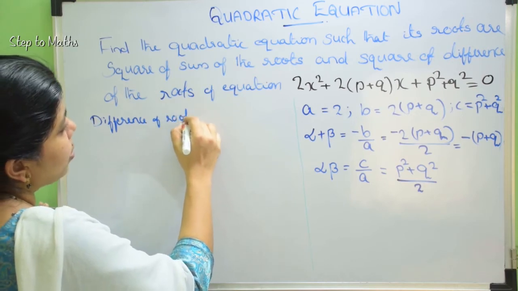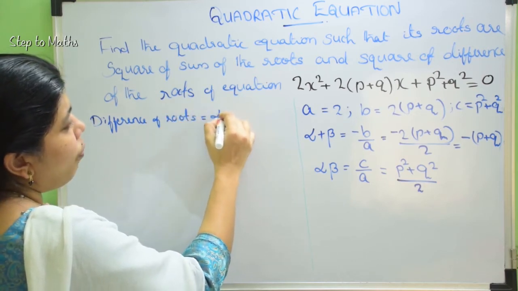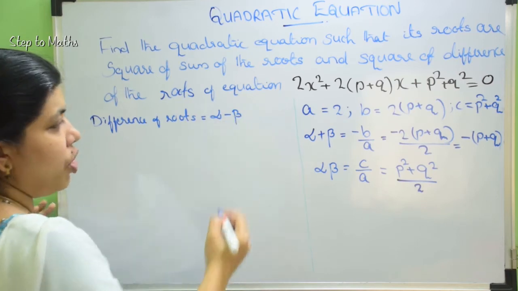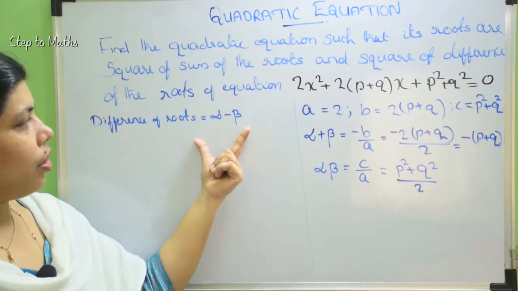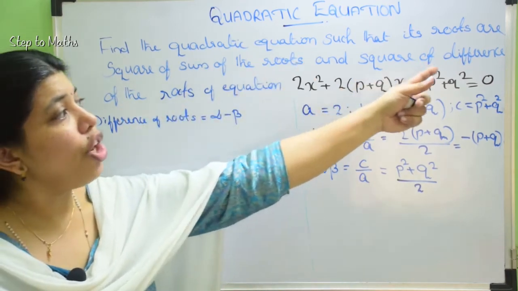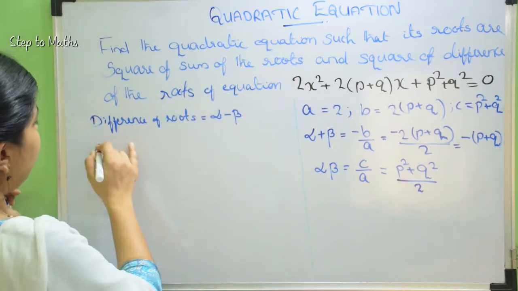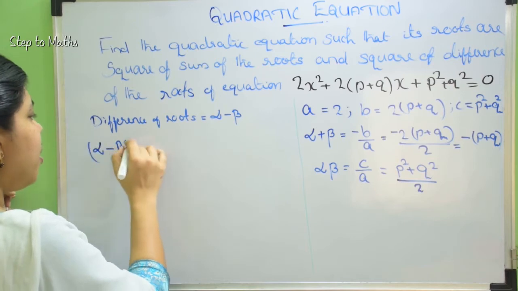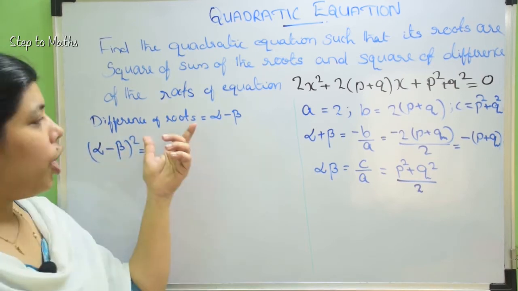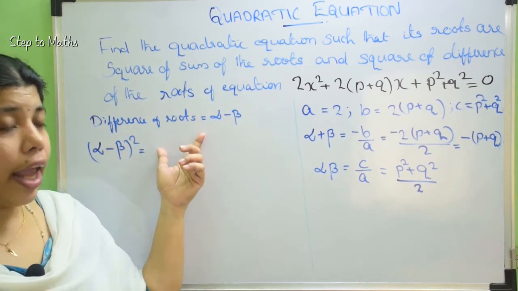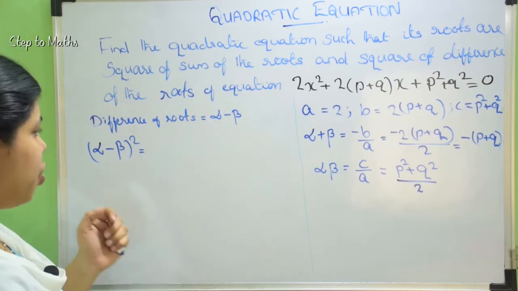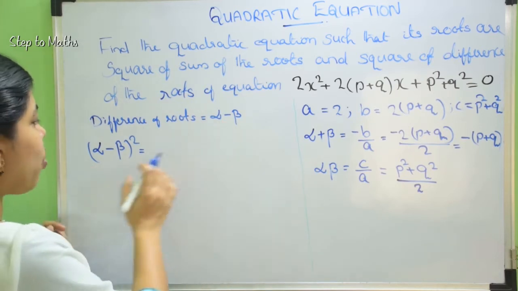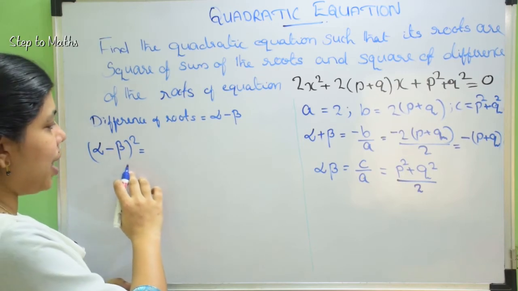Difference of roots is equal to alpha minus beta. And the roots are the square of the difference of roots, so we have to find out alpha minus beta whole square.